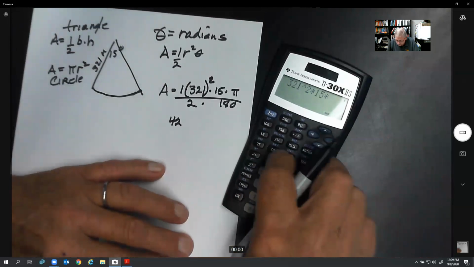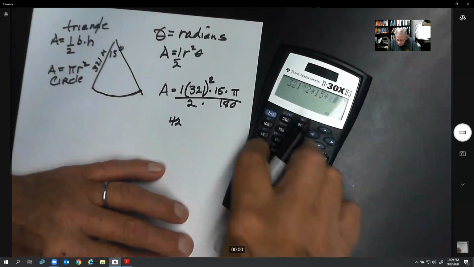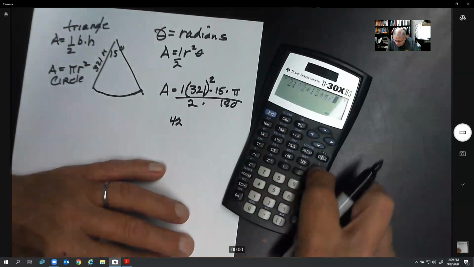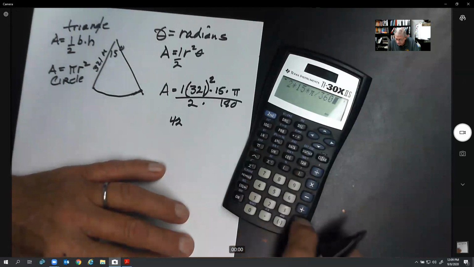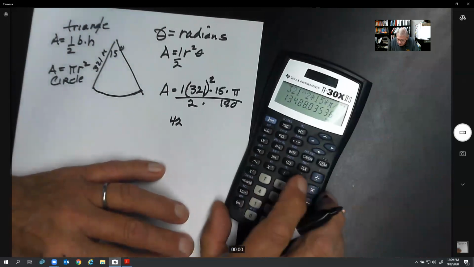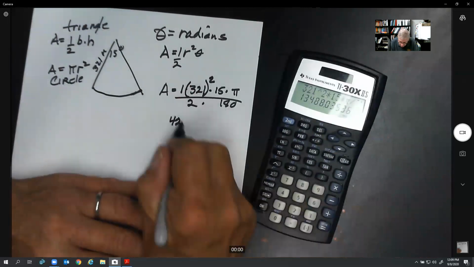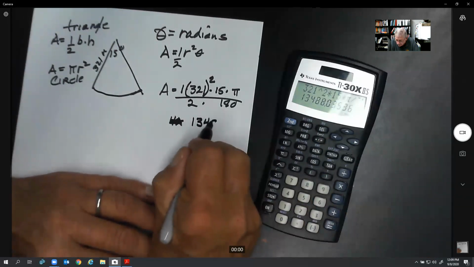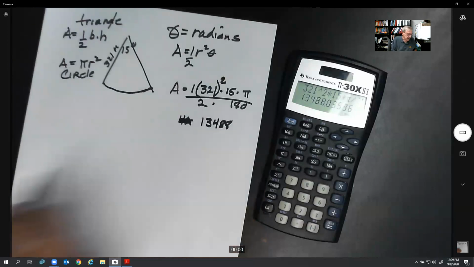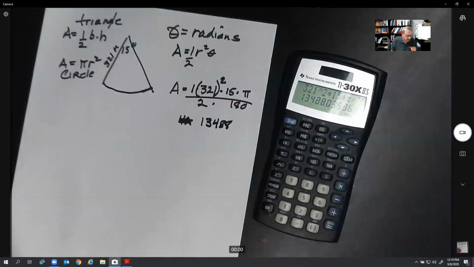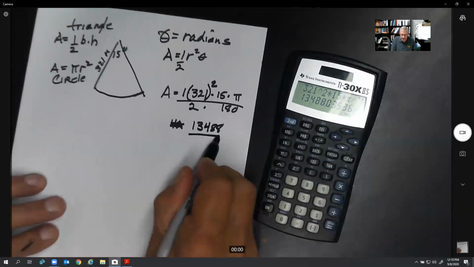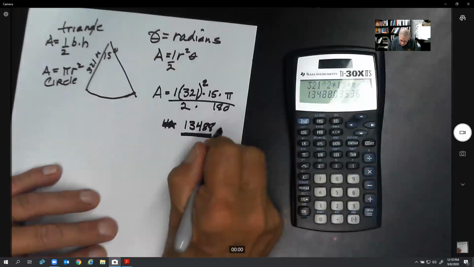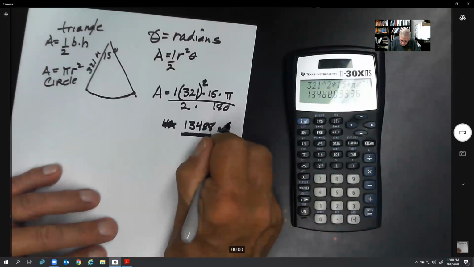Times pi divided by 360. It looks awfully big, but apparently that's what they came up with too. 13488. They came up with 13500. Might be a rounding, but that looks pretty close. And this would be meters squared.